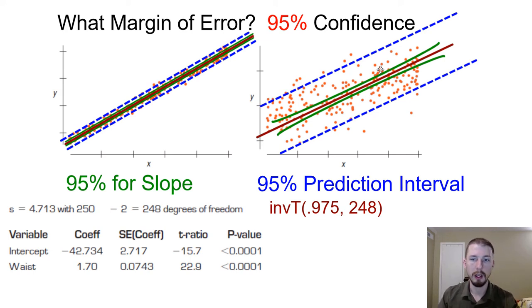So we think that your true percent body fat would lie between these two values if you had a size 40 waist, a man with a size 40 waist or something like that. That's much more practical, but oftentimes if we're trying to see evidence of an association, we're doing regression inference on the slope itself. So we're going to specifically just be talking about the slope. The prediction intervals can be done, but we'll deal with that later, okay?